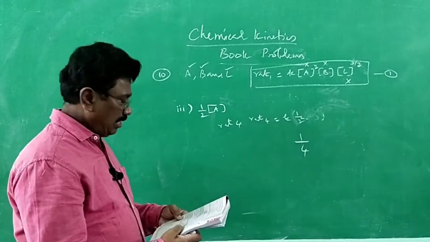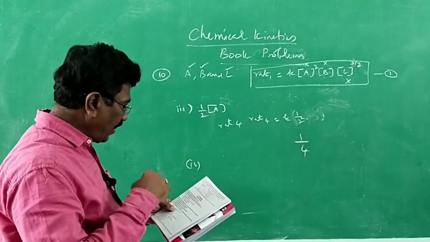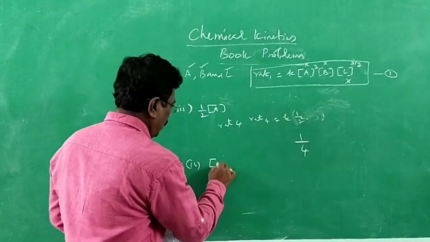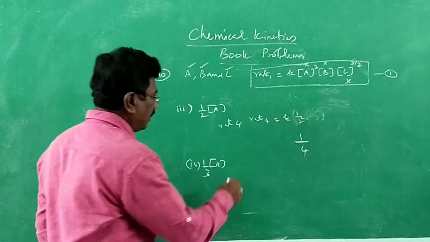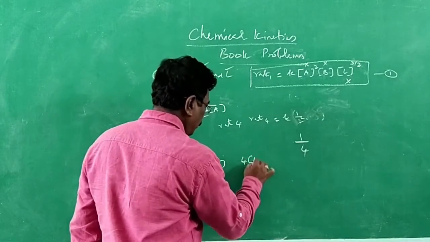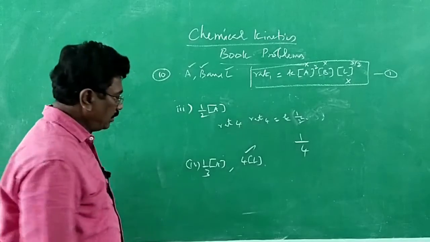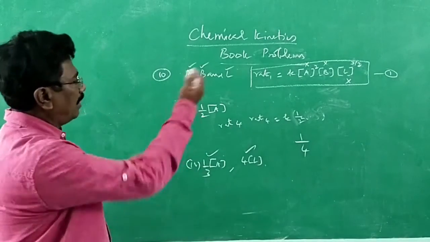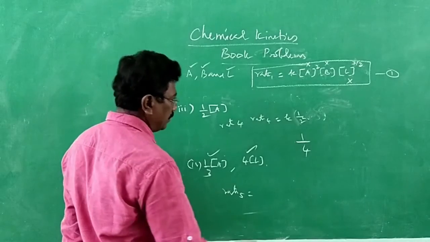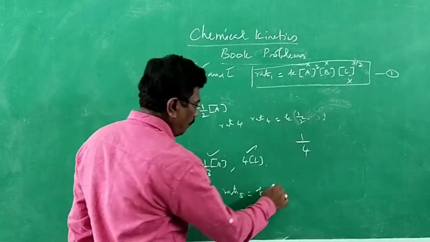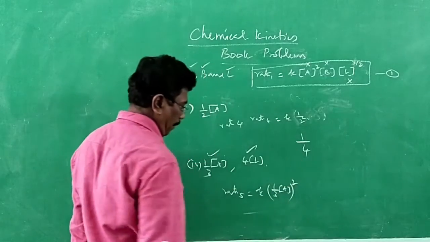Alright. Then, the fourth one. Concentration of A is reduced to 1 by 3 and concentration of L is quadrupled. It increases 4 times. What will be the rate? Rate 5, let me say. Rate 5 is equal to K into 1/3 of the molar concentration of A whole square.